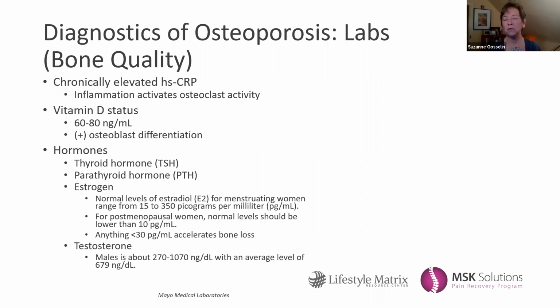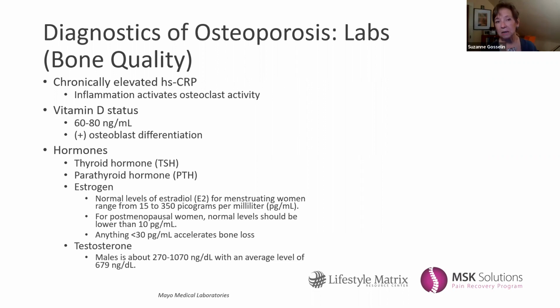And so there's a very easily measured C-reactive protein that will give us a clue as to whether your body is dealing with chronic levels of inflammation. It doesn't tell us what the inflammation is due to, but it does tell us that your body is dealing with higher levels than normal of inflammation, which then will have us ask the question of, well, where could that be coming from? And that might lead to some other investigations.